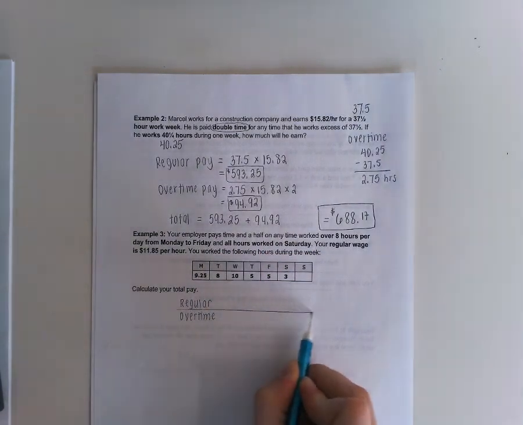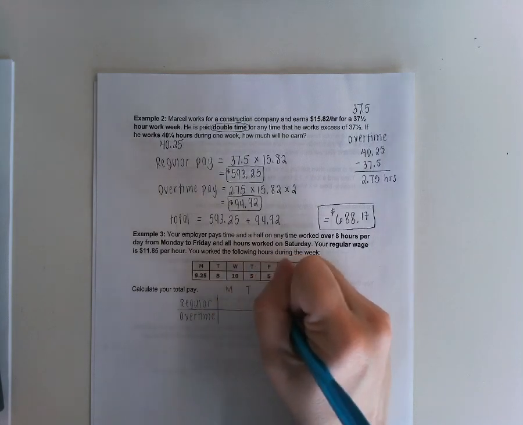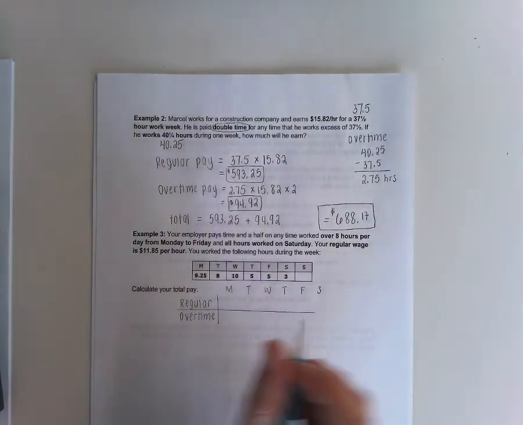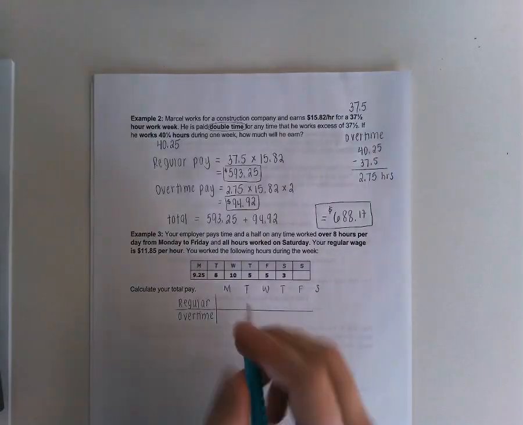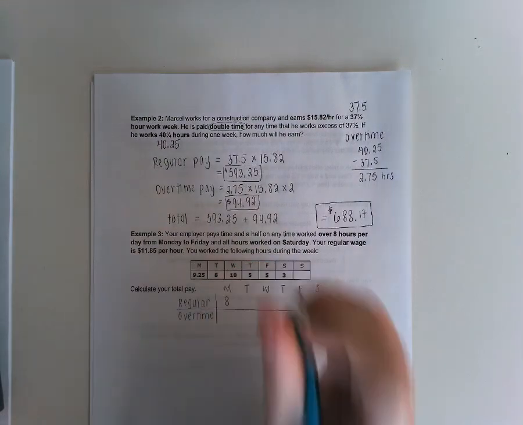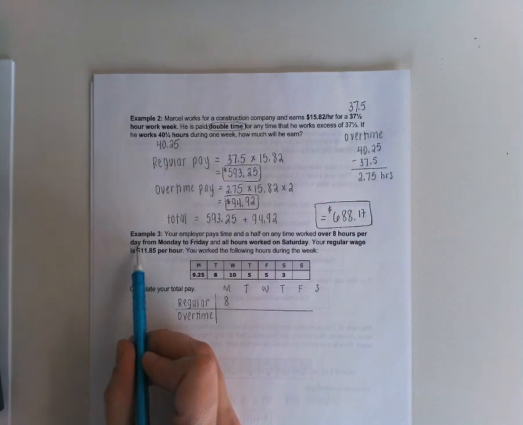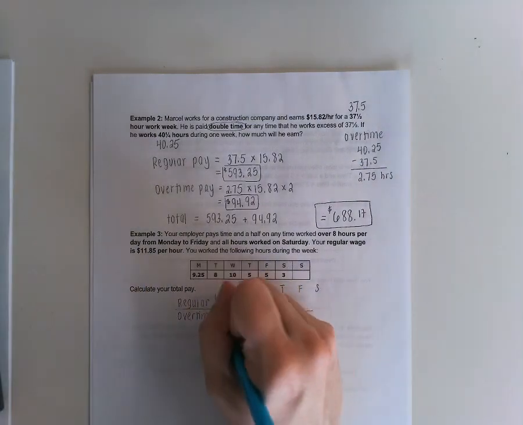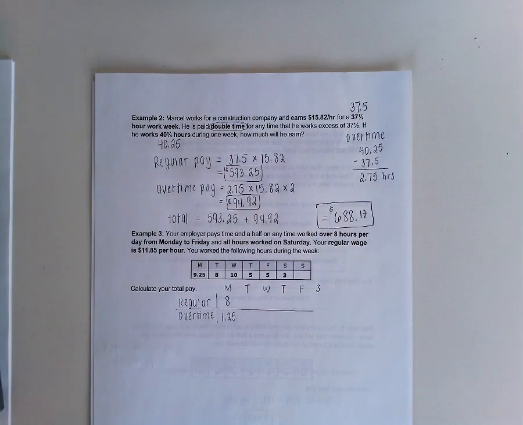And if we notice, on Monday, I'm going to go day by day. So on Monday, we've got 9.25 hours. So 8 hours of that is regular, because it said 8 hours per day is regular, but anything above that is overtime. So 1.25 hours would be overtime.